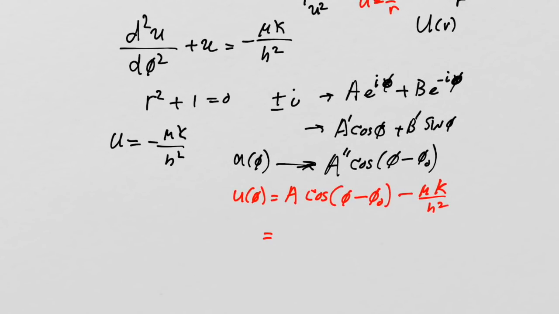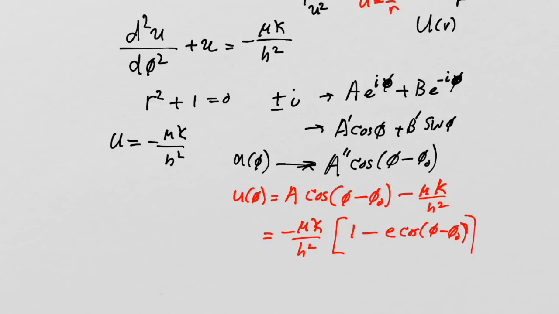And then I'll make it even simpler by pulling out a minus mu kappa over h squared. Then I can define the inside as 1 minus e cosine of phi minus phi 0.